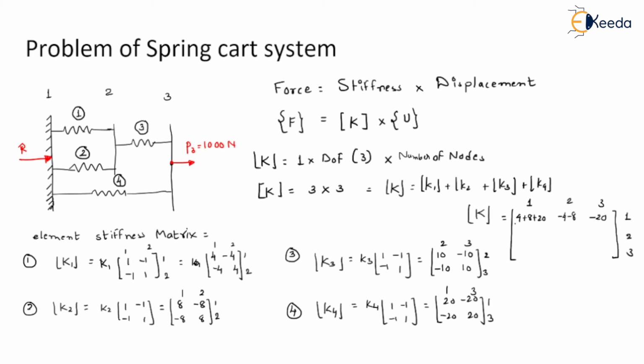For 1 2 we have minus 4 minus 8. Same way we have for 2 2, 4 plus 8 plus 10. For 3 2 we have minus 10. Same way we have 1 3 minus 20, 2 3 minus 10 and 3 3 10 plus 20.